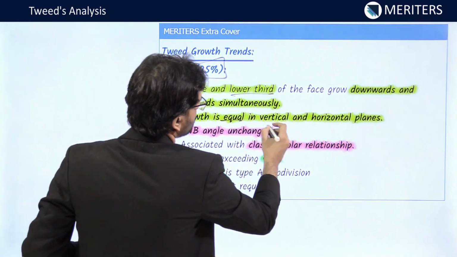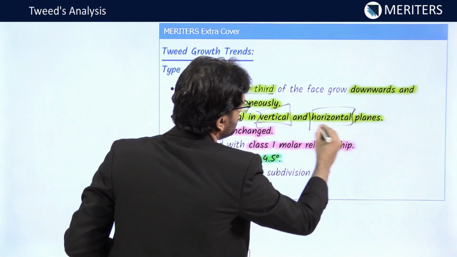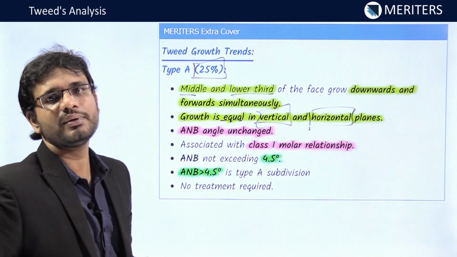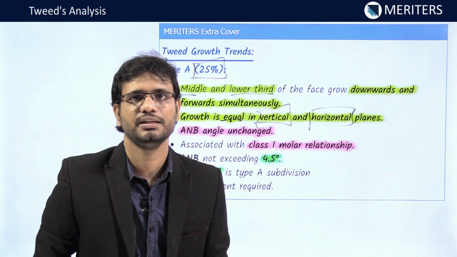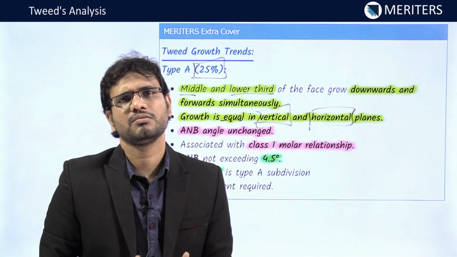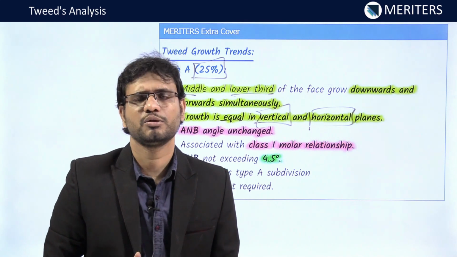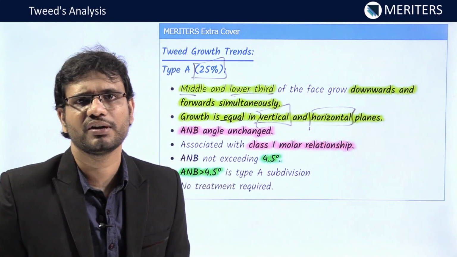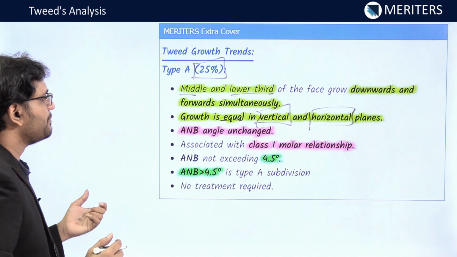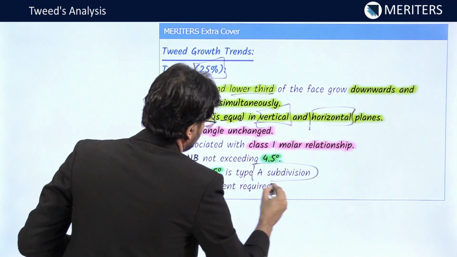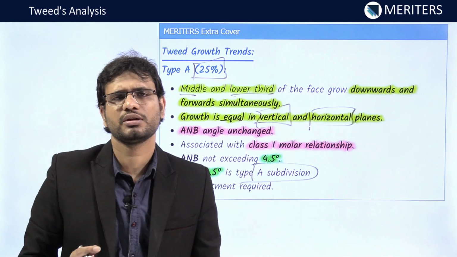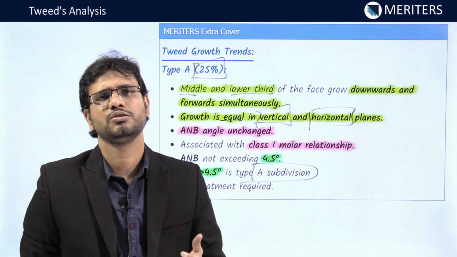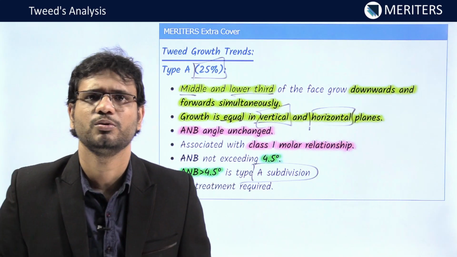So growth is of course equal in the vertical and the horizontal plane, and the A and B angle is generally unchanged and it is near 4.5 degrees. Okay, so it is near 4.5 degrees or less than 4.5 degrees. If it is more than 4.5 degrees, it is known as type A subdivision. Okay. So these are perfect conditions, they do not require any treatment, and in this you will be seeing the class 1 molar relationship only.